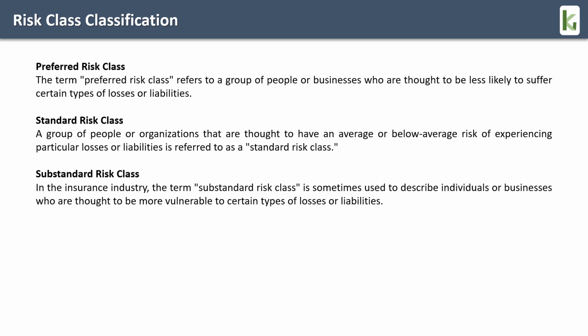Individuals or businesses with substandard risk classification may have characteristics that make them more likely to incur losses or liabilities, such as poor health, high risk occupation, or a history of insurance claims. So individuals or businesses classified as substandard risk may be required to pay higher premiums to cover their risk as a result.